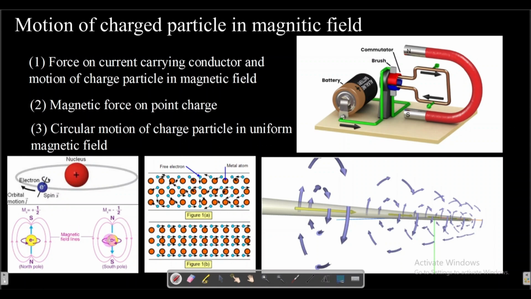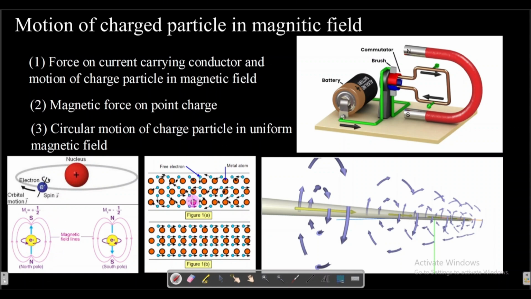Similarly, we have the same electron in the same orbital but with opposite spin. Due to the opposite direction, now this side will be the north and this side will be the south. So this side was the south, and now it becomes the north due to the change in the direction of the spinning of the electron in the same orbital.